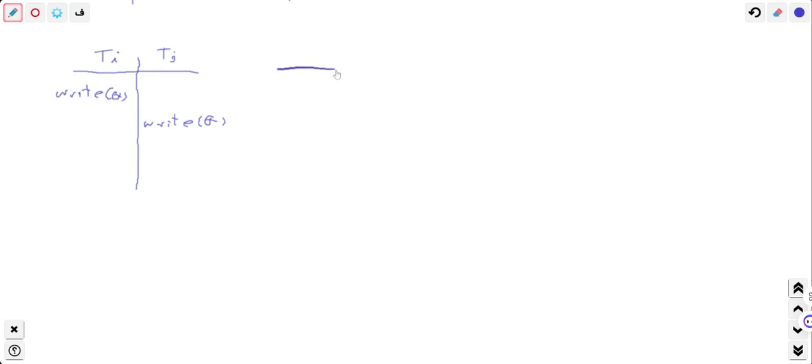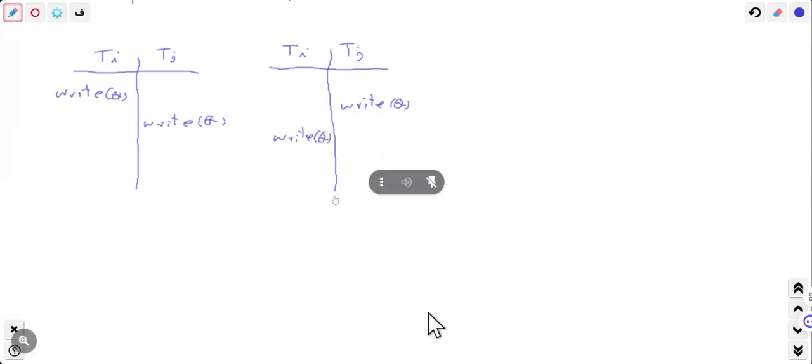On the right side, suppose the order is reversed. First Tj writes Q, and then Ti writes Q. For both orders, is the final result the same or not? Is the order of execution of write operations important or not?